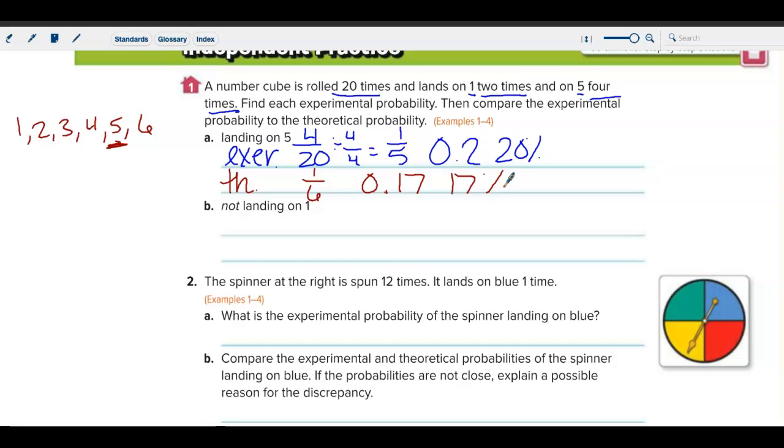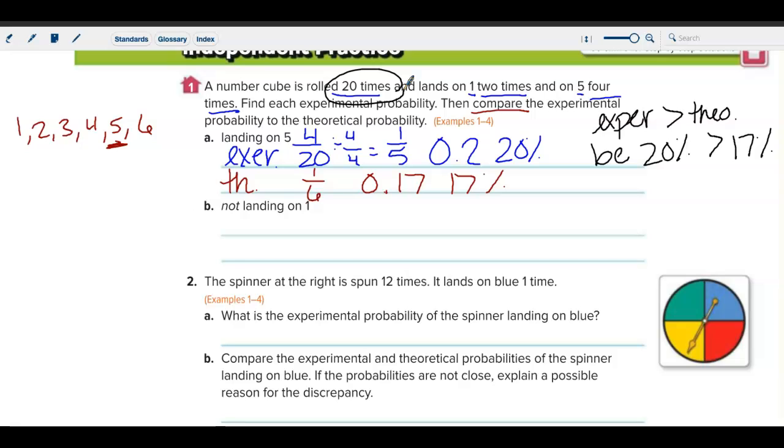Okay, our question asks us to compare them. So now that I figured them out, I would say experimental is greater than theoretical because 20% is greater than 17%. Now, our answers were really close, and that was because we rolled a number 20 times in our experiment.